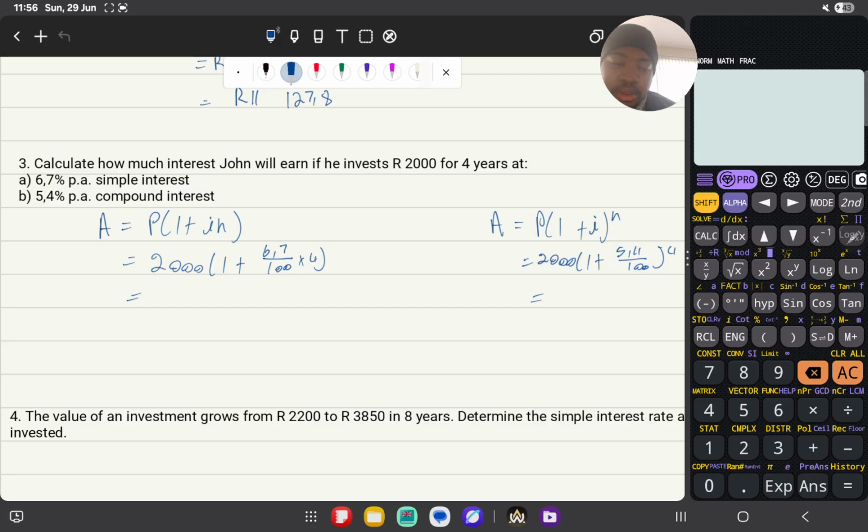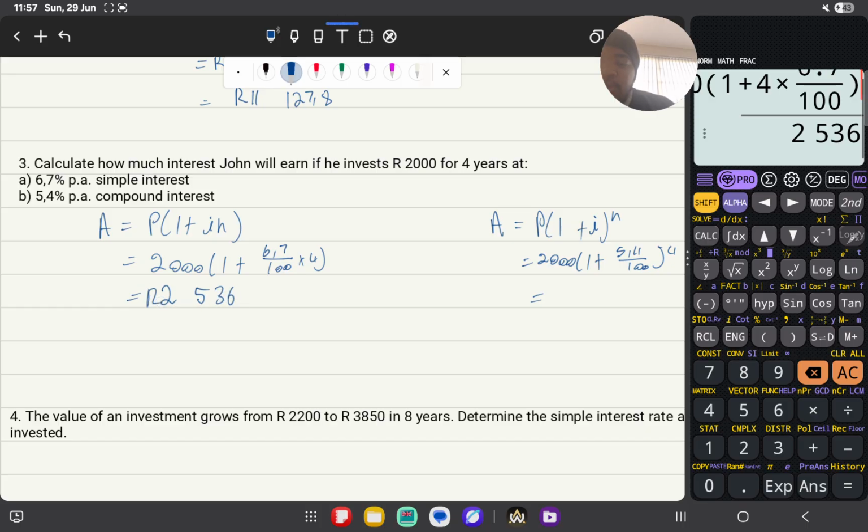So we'll do the math. We have 2,000 rand into 1 plus 4 multiplied by 6.7 over 100.